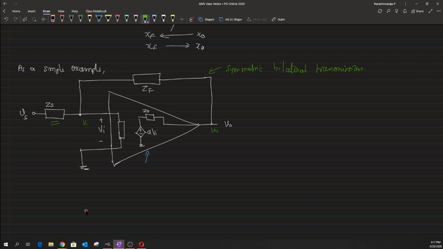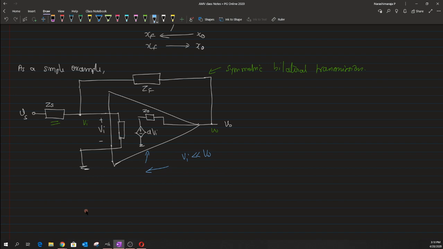Even in this case one could also assume that this forward basic amplifier, even though we can model it as bidirectional, since the value of this V naught is way larger than the value of Vi, we always assume that the backward transmission is quite small.